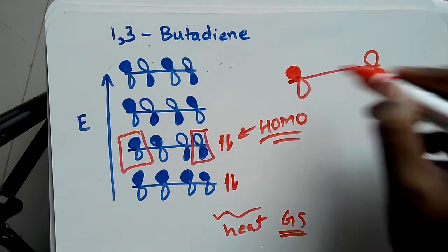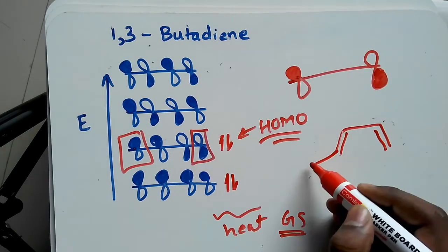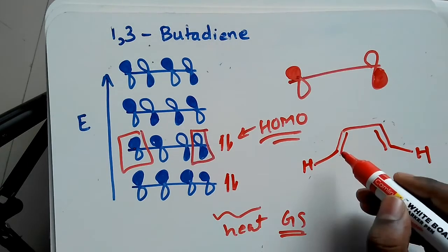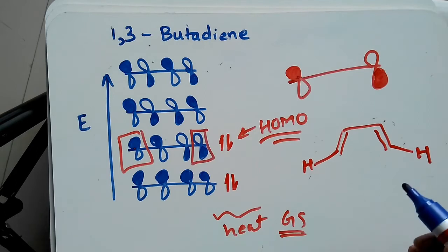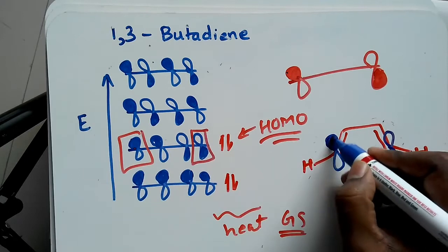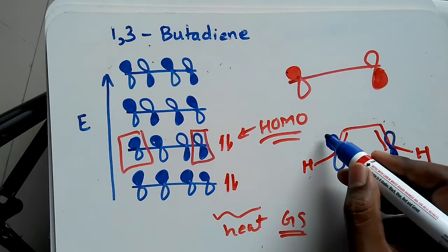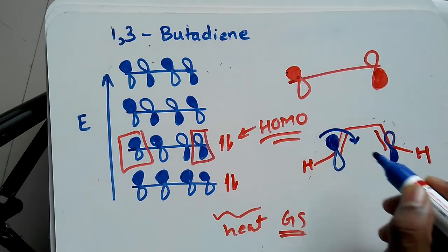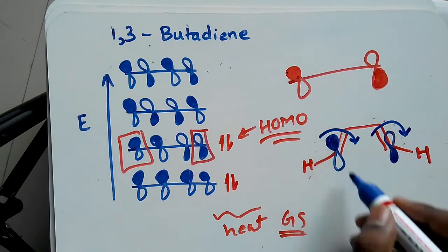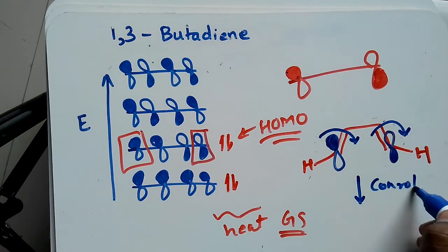So if I draw 1,3-butadiene, the hydrogens are trans, as shown in the question. Now if we want to draw the lobes in this case, this positive phase is on top and this positive phase is below. To bring them into positive phase contact, we have a clockwise direction, and this also should go clockwise, because both are clockwise, so it will be conrotatory motion.